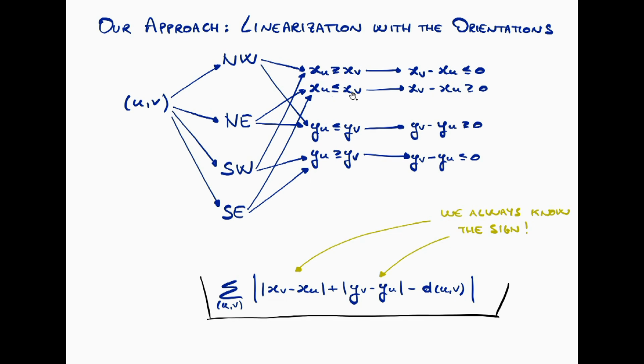I hope I didn't make a mistake in the slide, but consider that finally I get these equations. And now I can reinterpret my slide. So this equation is true for northwest and northeast, because it concerns only the north. In case it concerns only the north, I know that xu minus xv is smaller or equal to 0.